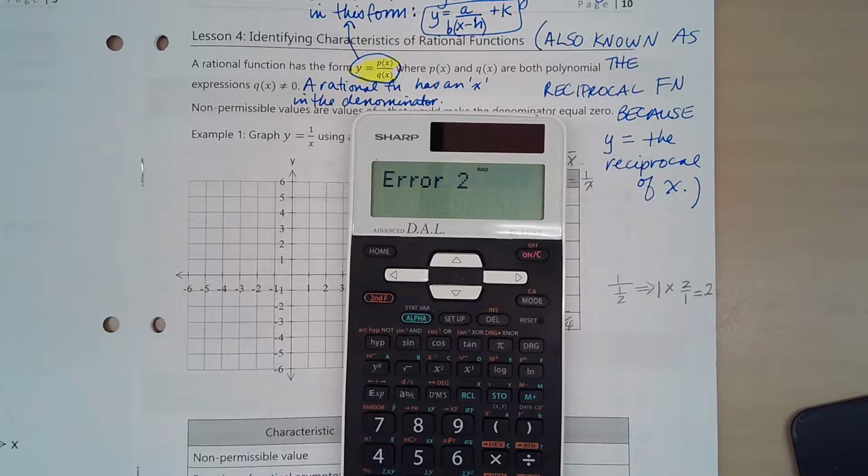Or actually, sometimes you'll see this. You'll see 1 divided by 0. You can either say undefined. You might also see infinity. And we're going to see how that happens, because that's what happens to the value that we're seeking.